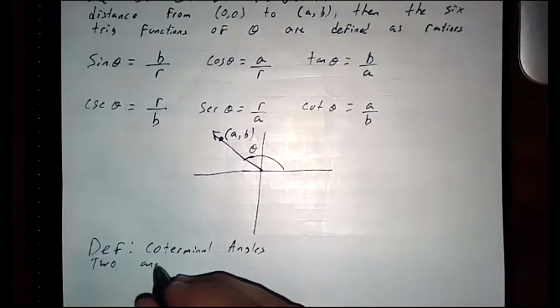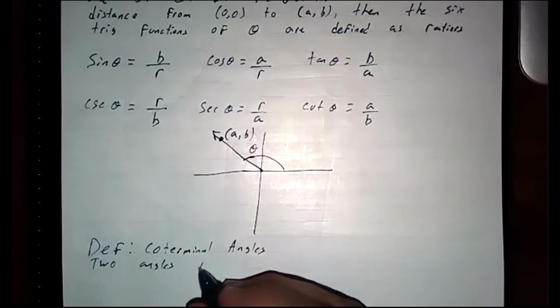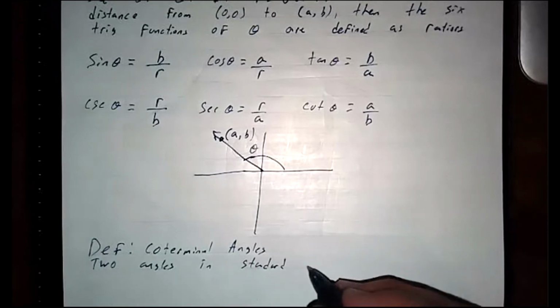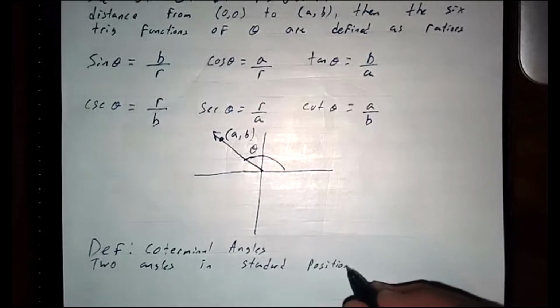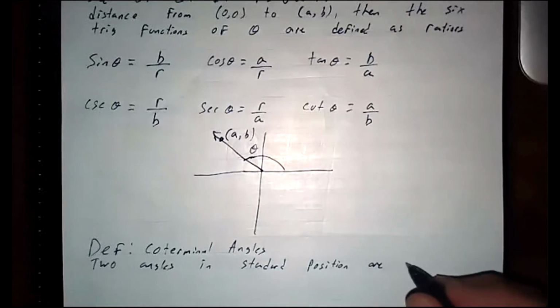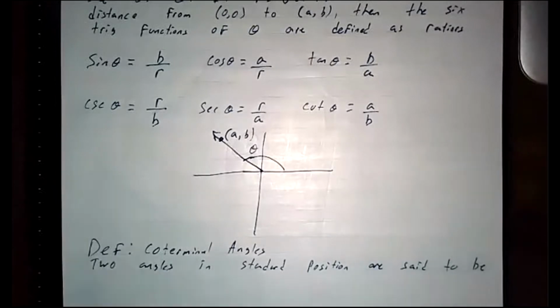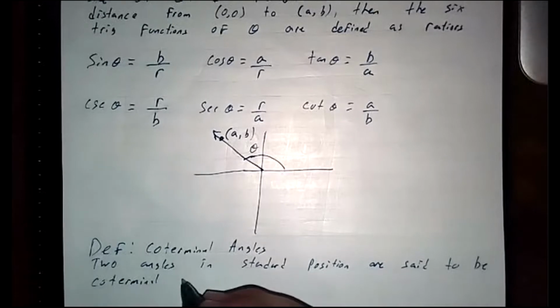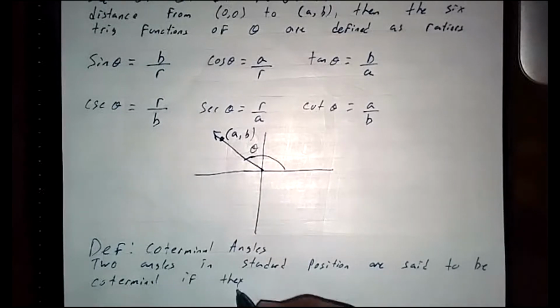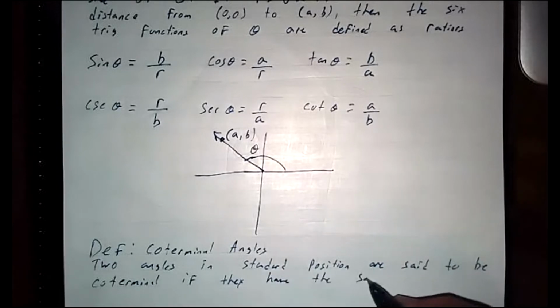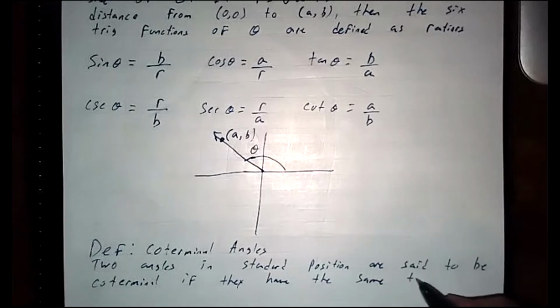Two angles in standard position are said to be coterminal if they have the same terminal side.